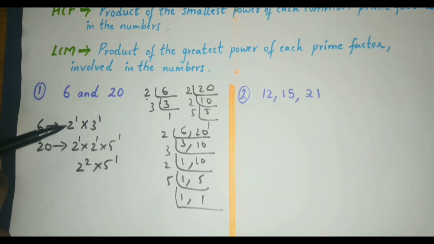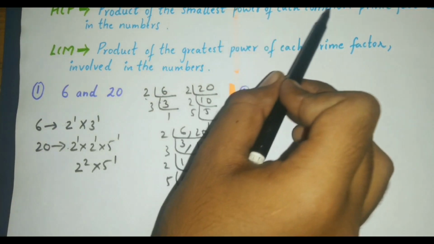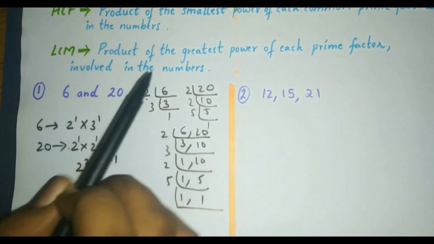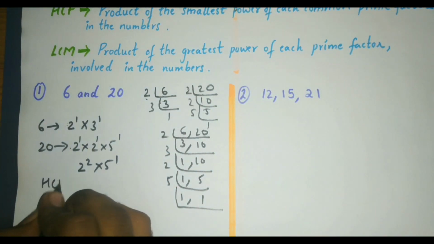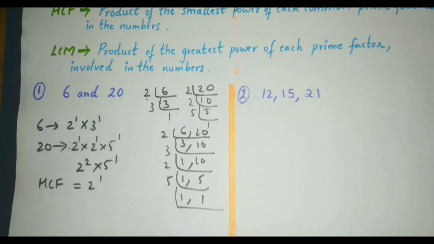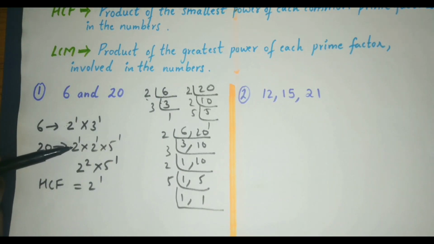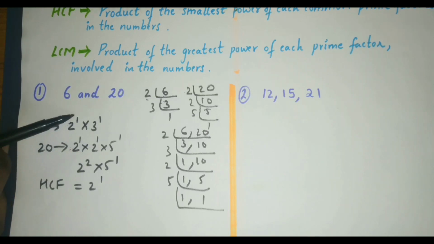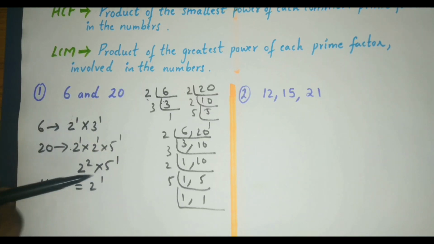Only 2 is common. 3 is not common. We take the smallest power of the common factor, which is 2 power 1. So the HCF is 2 power 1.